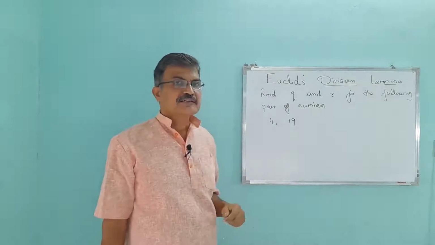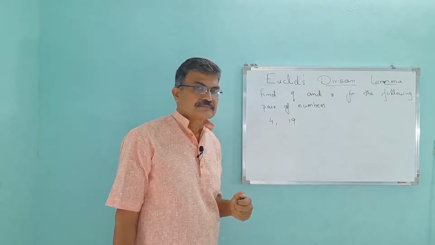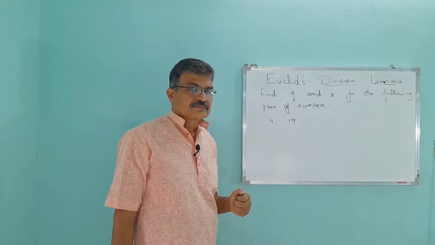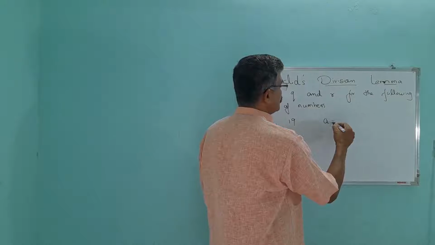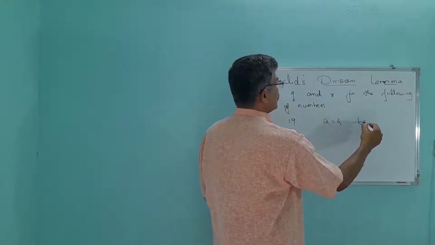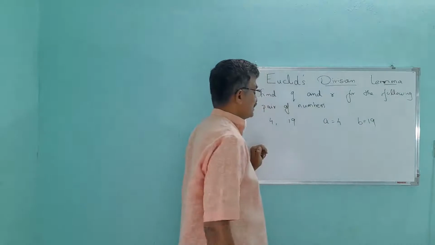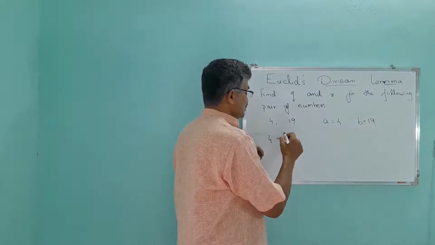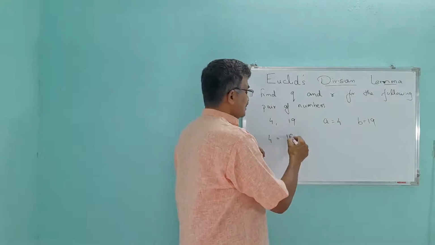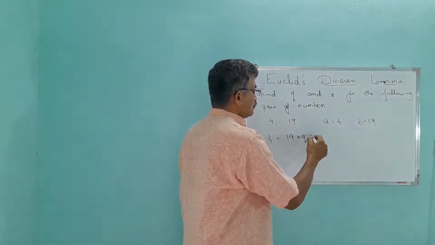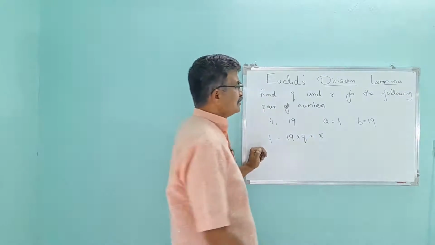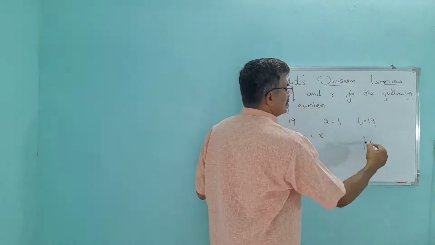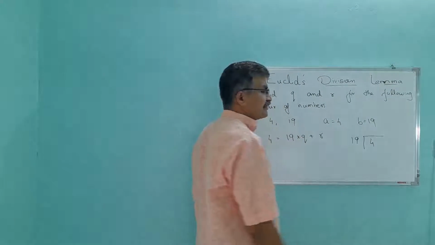Next, we have to find q and r. Here a is equal to 4 and b is equal to 90. We have to find 4 is equal to 90 into q plus r. The easiest way: 4 divided by 90.